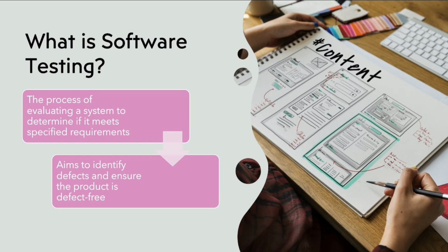We have a branch of processes to test the software, and we have to check whether the software is fulfilling the customer requirement or not. Mainly we are aiming at identifying defects, bugs, missed scenarios, missed cases or missed requirements. Those things we have to identify. This whole concept is called the software testing concept.